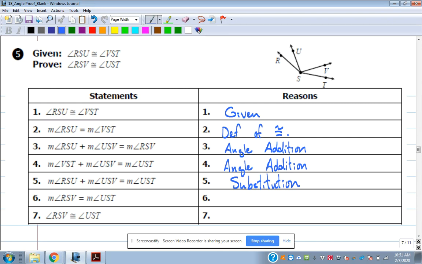Or this is equal to this, is what I'm trying to point at there. And that would be transitive, because there are 3 things there. And then the last one is a definition of congruence to get the measurement off of there.